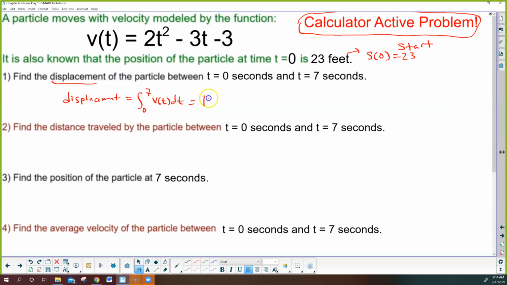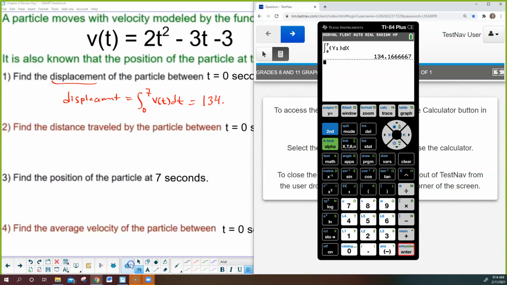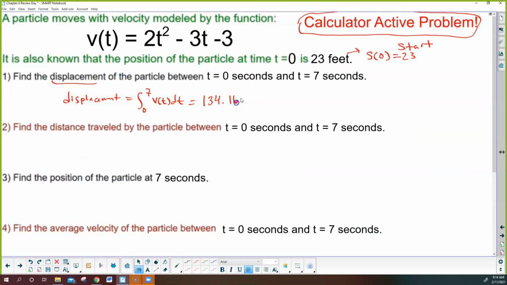So what does that mean? 134 point, I already forgot, 1/6 repeating. Okay. Now what is that? That's displacement. So that's how many feet we are from where we started. Right? So we are a positive 134 feet away from where we started.